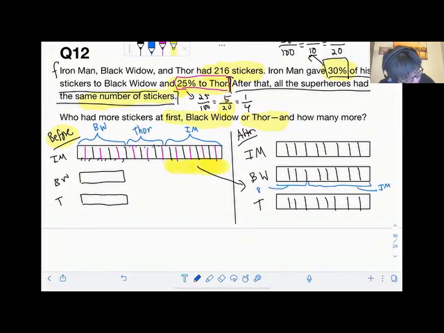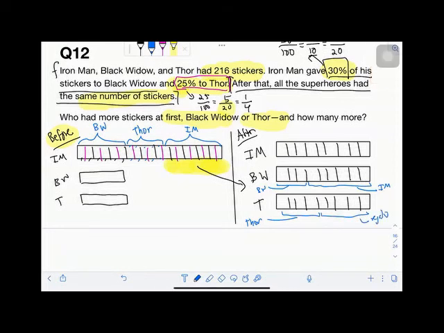Ito yung kay Black Widow sa una-una, no? 3 at saka 6. Tapos si Thor, binigyan ni Iron Man ng 1, 2, 3, 4, 5. So sa una-una, ilan yung kay Thor? 4 po, sir. 4, no? Good.